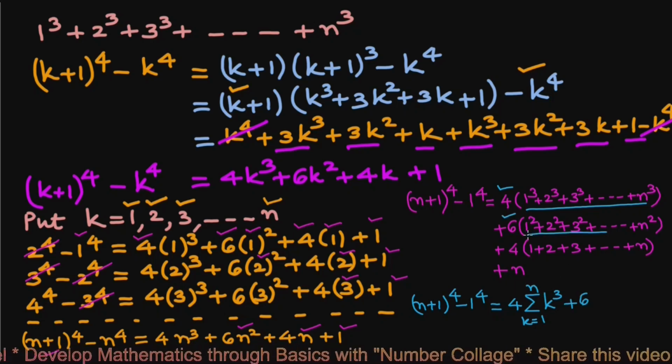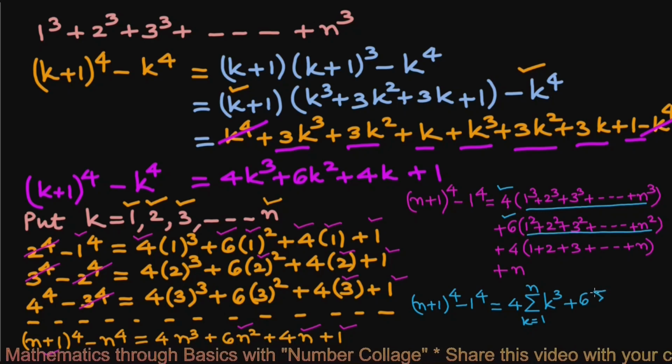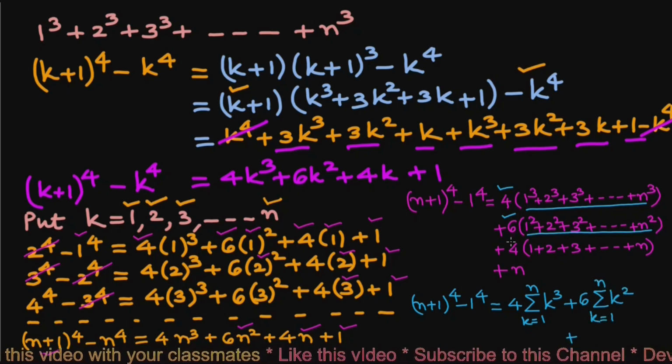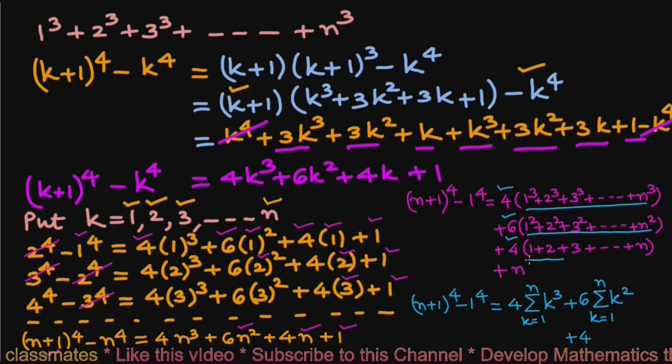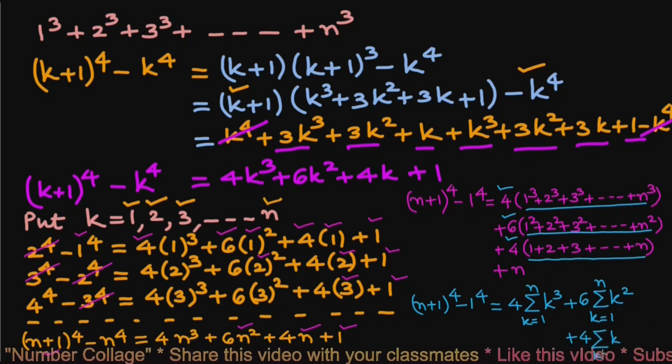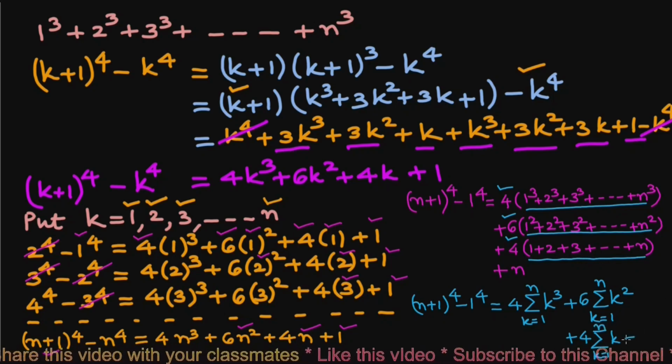For this whole bracket we write summation k squared, where k runs from 1 to n, plus 4 times, for this whole bracket we write summation k, where k runs from 1 to n, and plus n. Now we will rewrite what we have found so far.